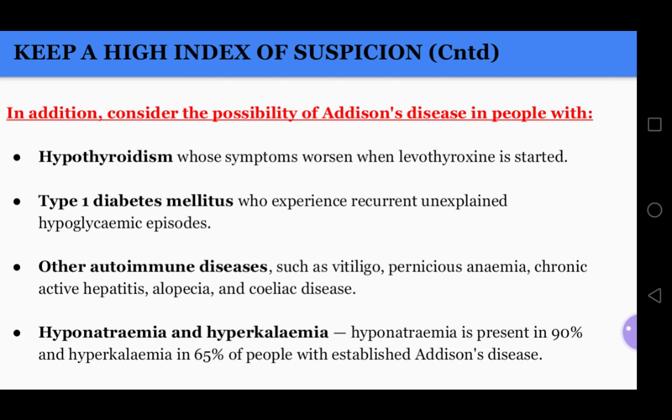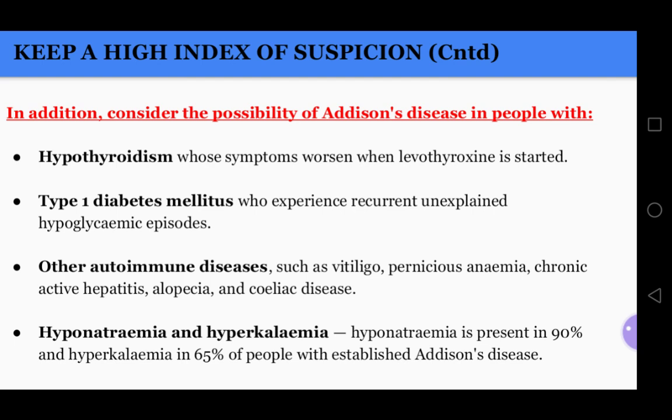In that case also consider concomitant Addison's disease. And in other autoimmune diseases such as vitiligo, pernicious anemia, chronic active hepatitis, alopecia, and celiac disease, these are autoimmune diseases and may have Addison's disease in the background as well.